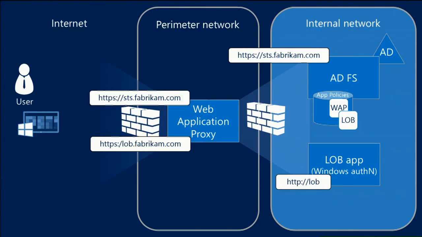Just to complete the picture, let's do some cleanup here and talk a little bit about the device registration flow and how that works. So step back a couple of stages here. Again, we have two relying parties now in ADFS, one for Web Application Proxy, the other one for that specific LOB application, and everything is published through Web Application Proxy. And you'll notice, and you're going to see that in a second, there's another relying party now with ADFS, and that's the Device Registration Service relying party. This is where you could configure policies for device registration.